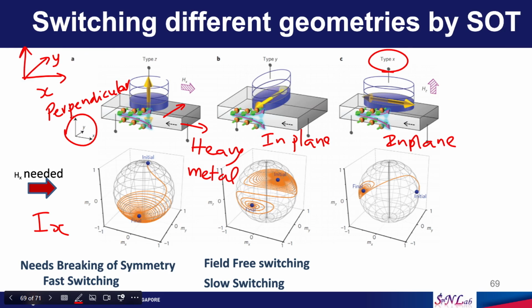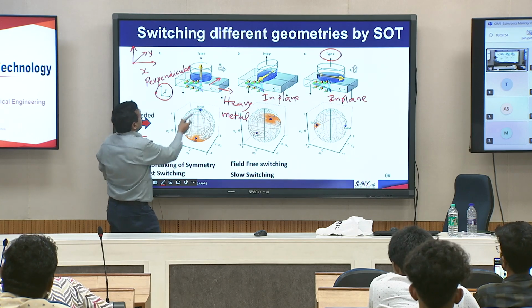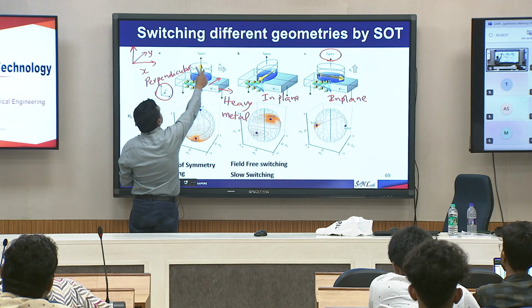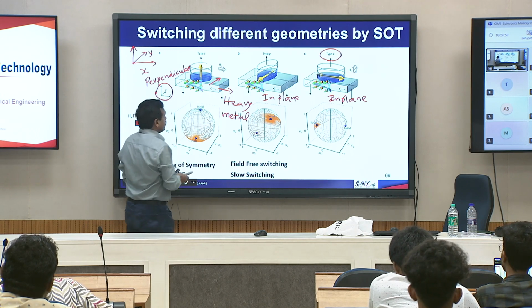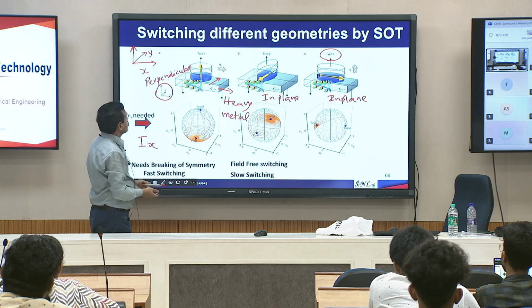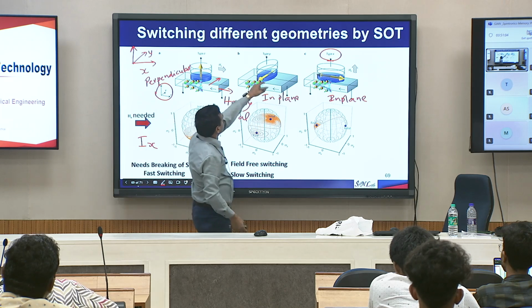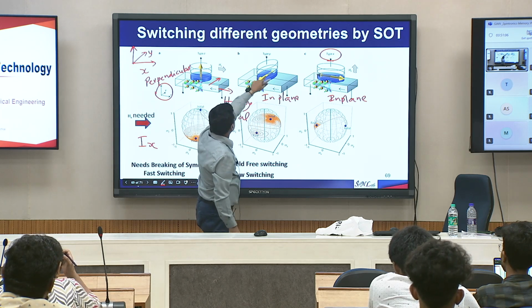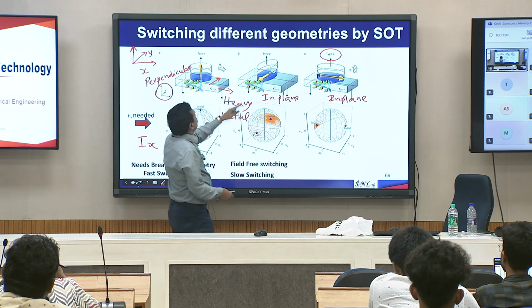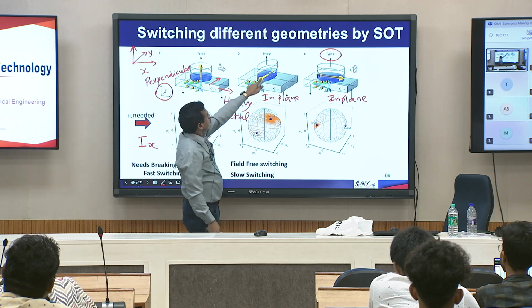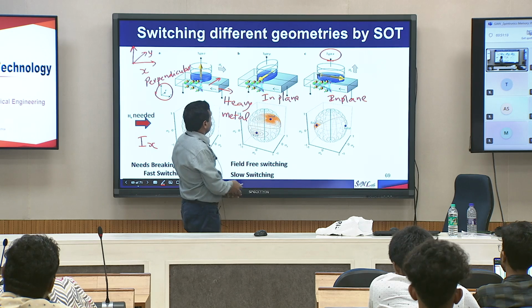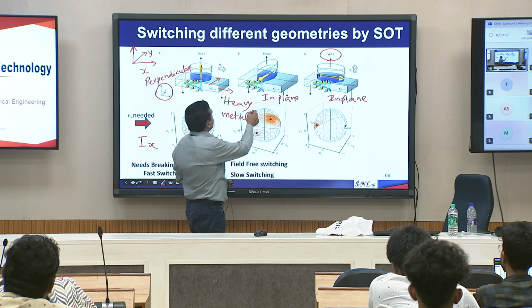When you send current in the x direction, the spins will be pointing in the plus y or minus y direction depending on your current direction and the material property. The spin that goes up towards the ferromagnetic layer is pointing in that direction. So, if magnetization is pointing anti-parallel to this spin, this spin will exert torque on it, then switch. That is quite normal, we learned that before.